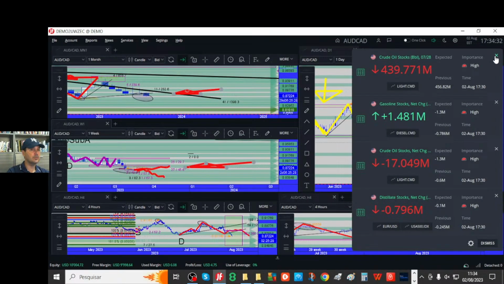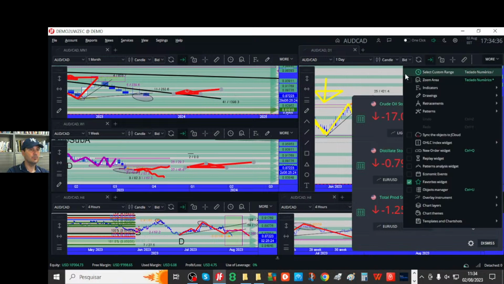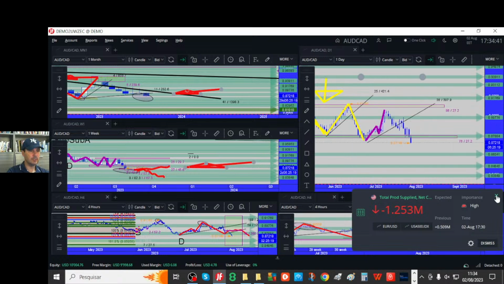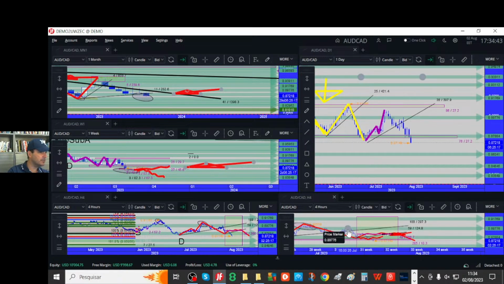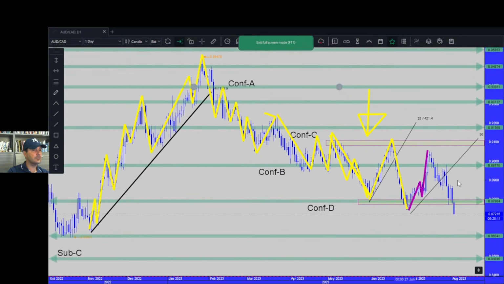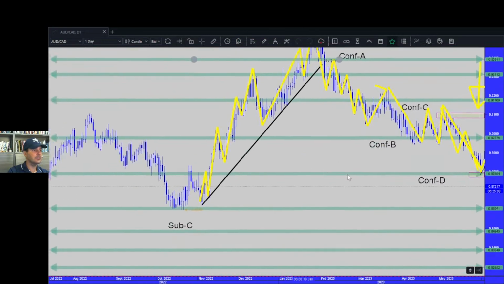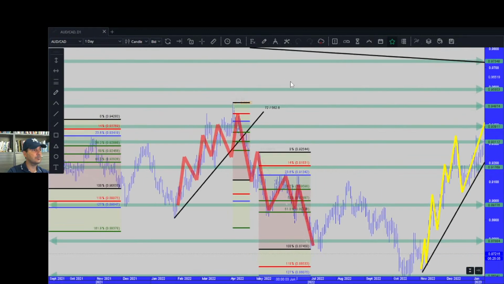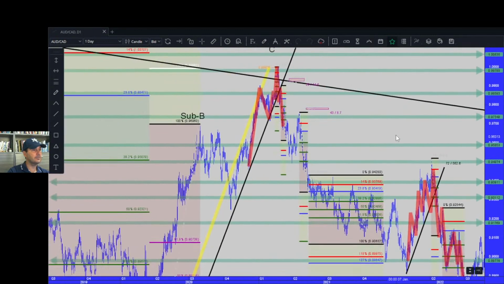Let's go on the daily chart. Whoops. Thank you, JForex. I don't trade stocks anymore, but this is me personally. AUD daily chart. Alright. This was consolidation. Not sure what I have here.